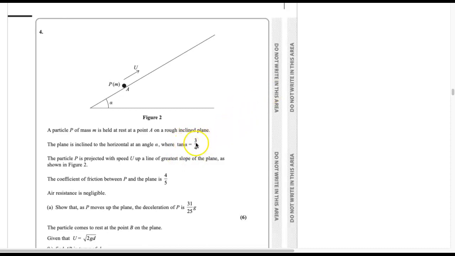So if tan alpha is this, we can find out sine alpha. Okay, so if we have tan alpha given to us, that is 3/4, if we just draw a triangle, if this is alpha, opposite and adjacent, we can find out your hypotenuse is going to be 5.